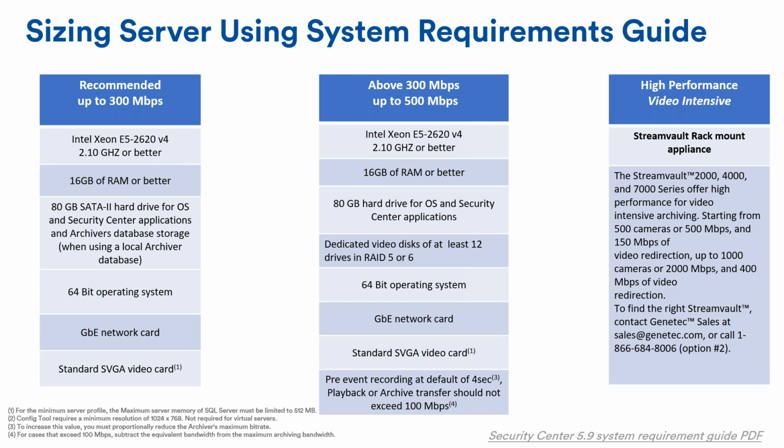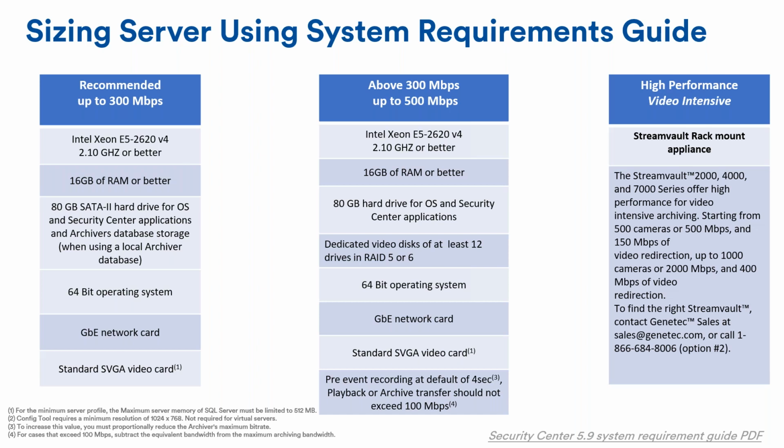In this kind of environment, you can support up to a maximum of 300 megabits of throughput. What this basically means is that your bit rate of all cameras put together needs to be less than 300 megabits per second.